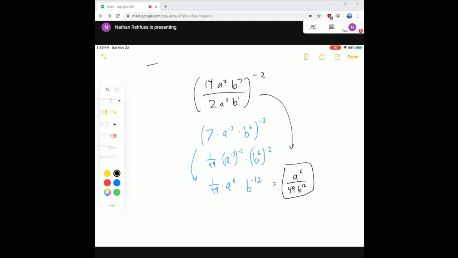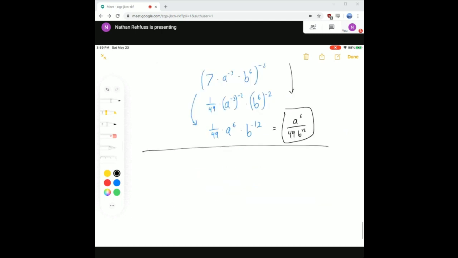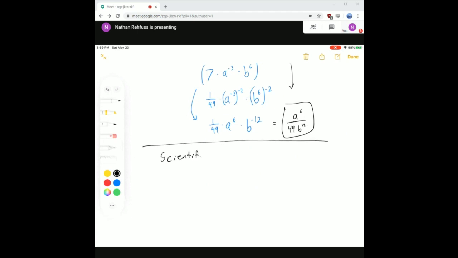Now, I only have one more thing to show you, and then we'll be on to section 1.3. It's marginally related to what we've been doing, and it's handy for reading papers. So the last thing in section 1.2 is scientific notation.